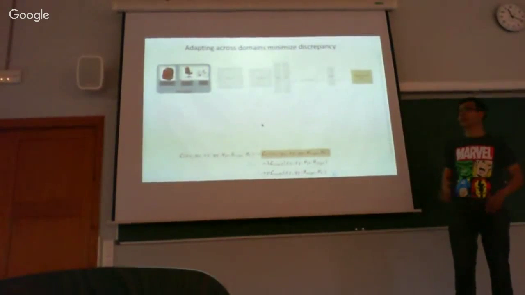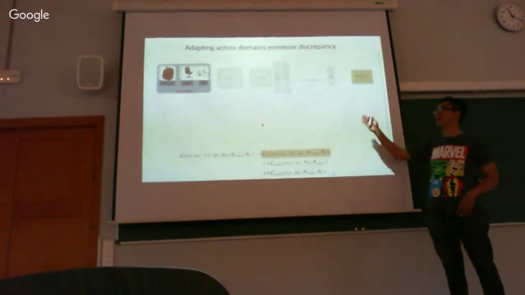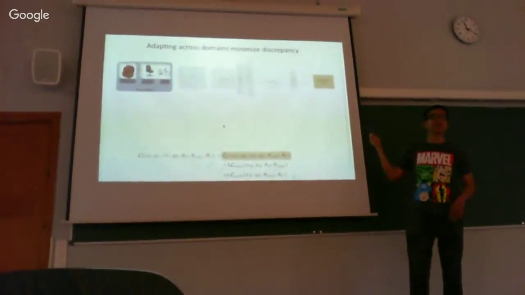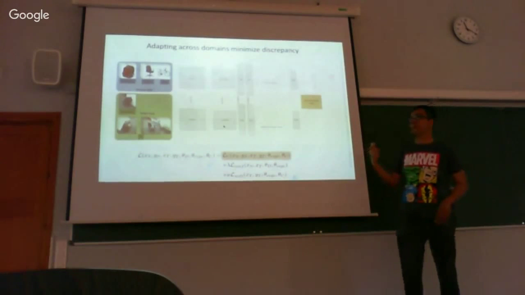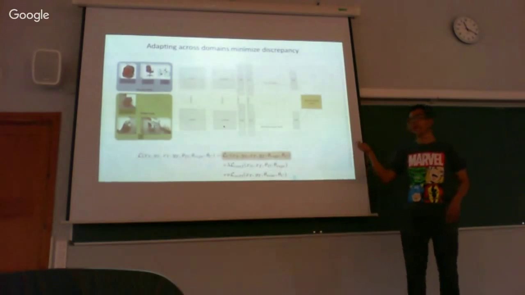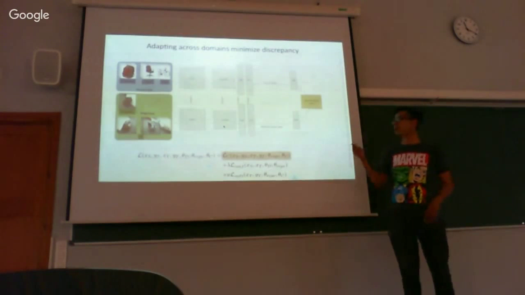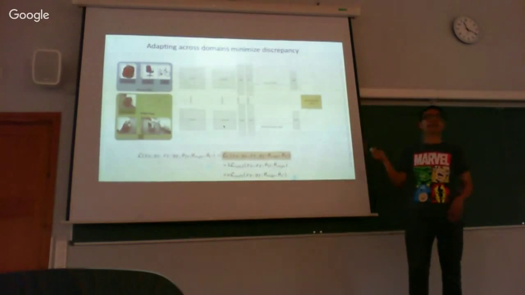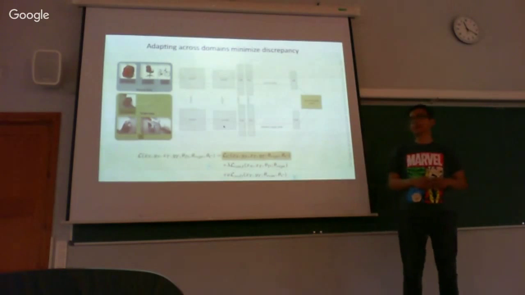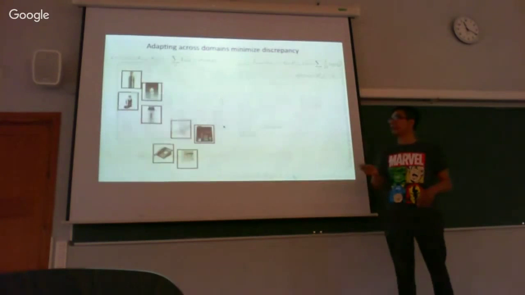So originally you have your source data, then you have your neural network, and then you have your classification loss. Now you add the target data, you share the parameters between the networks, and you still have the original classification loss. But this will make your results overfitted to the source data.